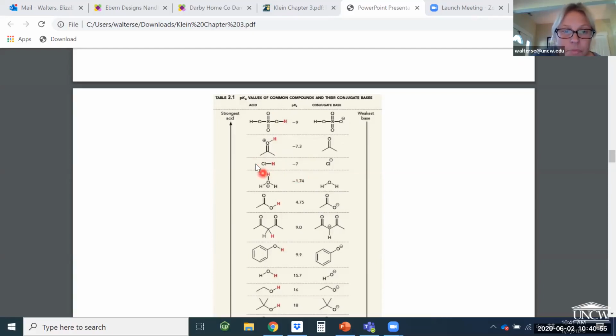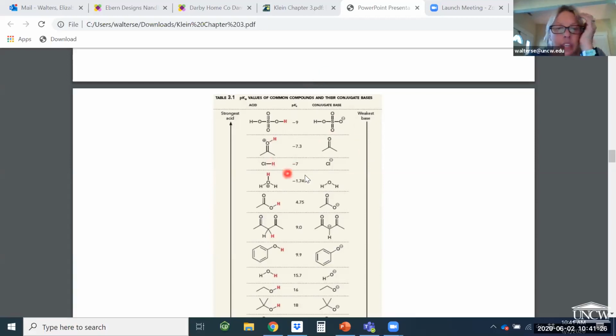The stronger the acid is, the weaker its corresponding conjugate base. Sulfuric acid and bisulfate differ by 1 proton. So if this is a very strong proton donor, this is going to be a very weak proton acceptor, weak to the point where it's so unreactive, it won't take protons from other places.